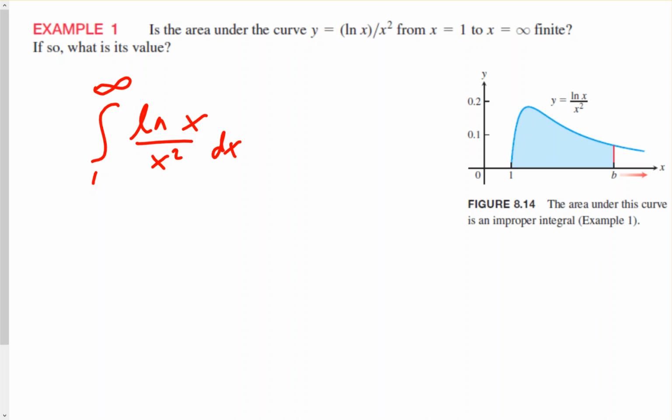And then we would convert this to a limit. So we would introduce a variable b as b approaches infinity of the integral from 1 to b of ln x over x squared dx.